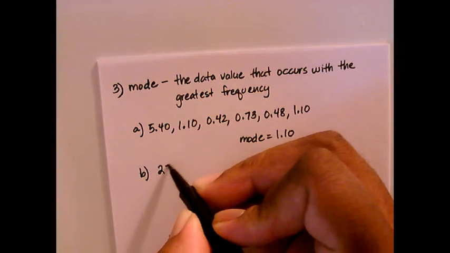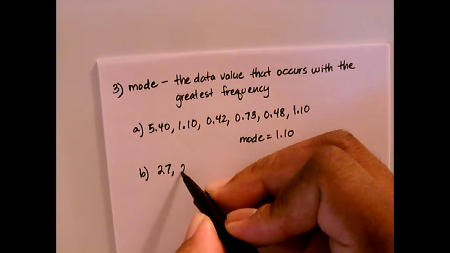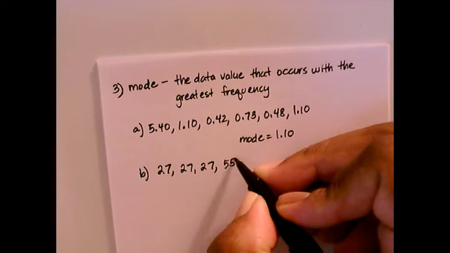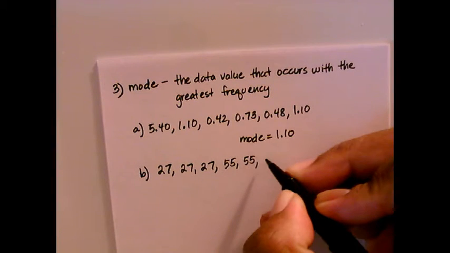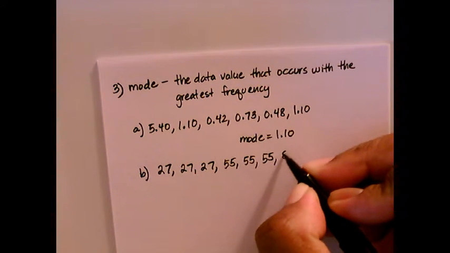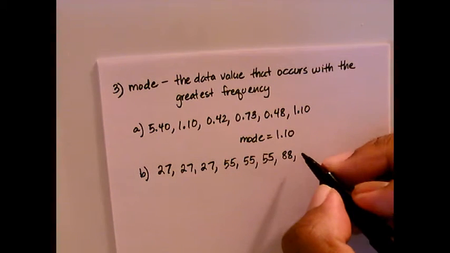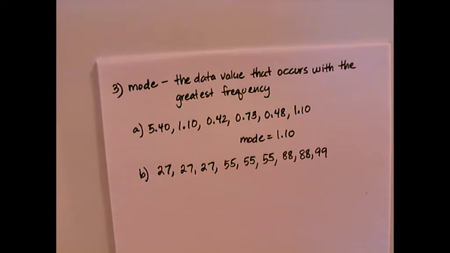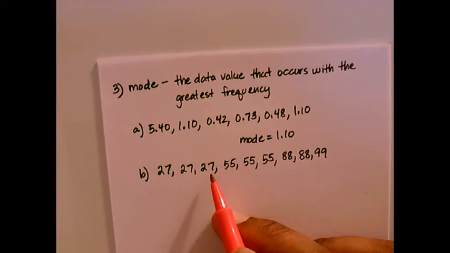Now suppose I had this set of data, 27, 27, 27, then 55, 55, 55, 88, 88, and 99. And here I want to find the mode of this set of data. In this particular situation, notice I got 27 appearing 3 times.